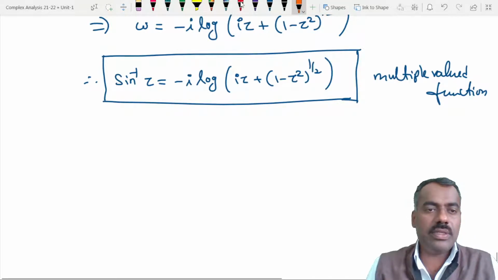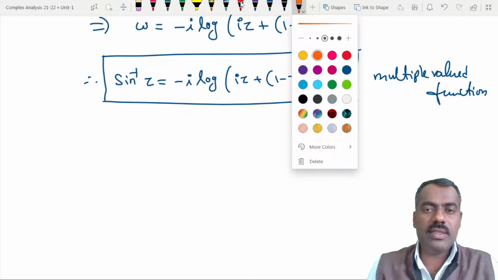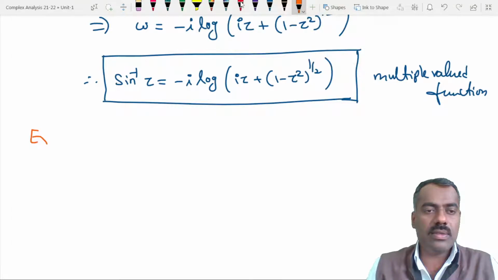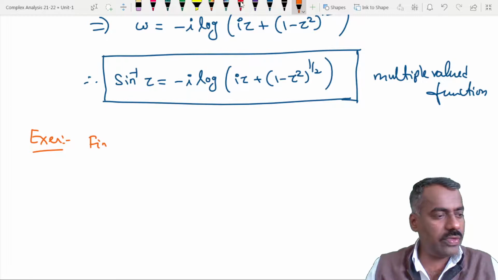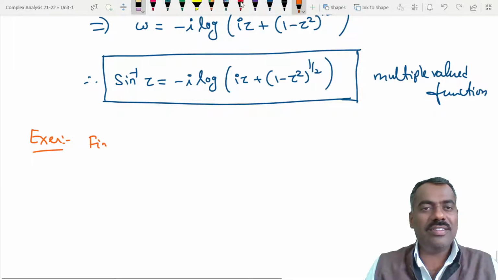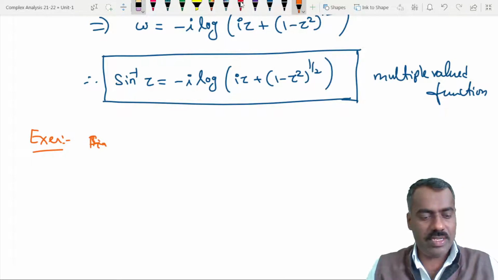If you want to take it as an exercise, find it, or I will also give the answer so that you can check whether what you got is correct or not.